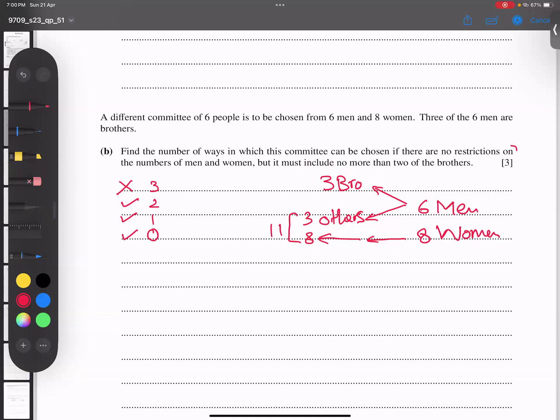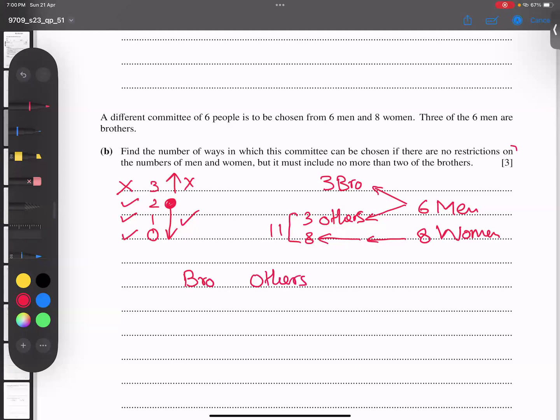I repeat, when he said no more than 2 brothers, above 2 no need. So 2 including and less than 2 we need. I believe you got the point. So this is just I'm writing for brothers and this is for others.